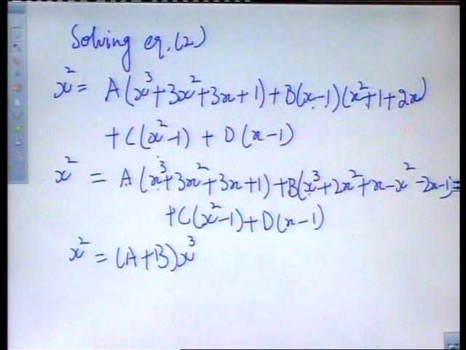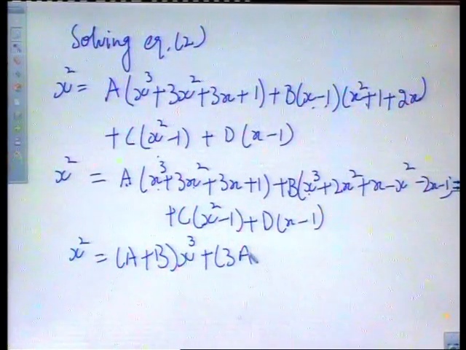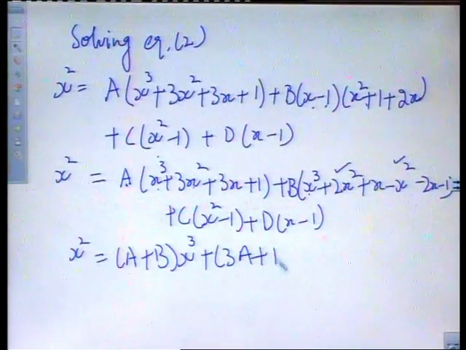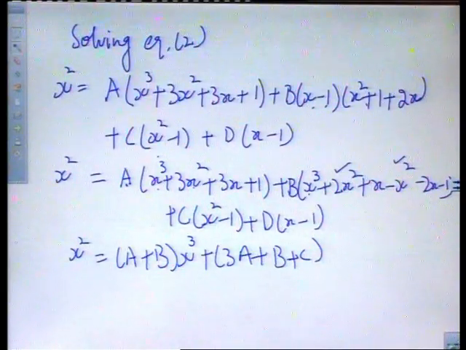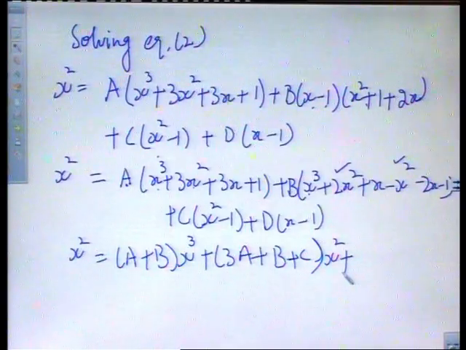Now for x square, we multiply this by 3, we get 3A. From here 2x square minus x square, that is x square. It means the coefficient will be B. Here the coefficient of x square is C, and there is no term of D. It means this is our x square coefficient. Now combine the terms of x, the coefficient of x is 3A.